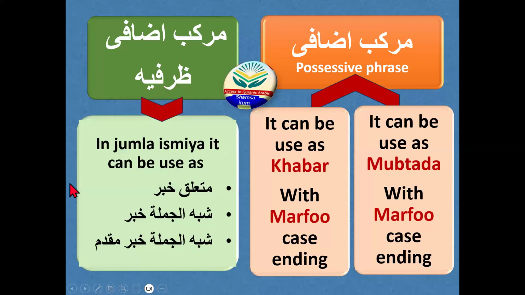Because when this Zarfiya Murakab Izafi comes in a Jumla Ismiya, it will be treated as a Muta'alliq khabar, or Shibu Jumla khabar, or Shibu Jumla khabar muqaddam. Same as we treat the Murakab Jari, in the same way we will treat the Murakab Izafi Zarfiya. It means Shibu Jumla. So all these 3 points, inshallah ta'ala, I will explain in the next 3 slides from the Quran Majid.